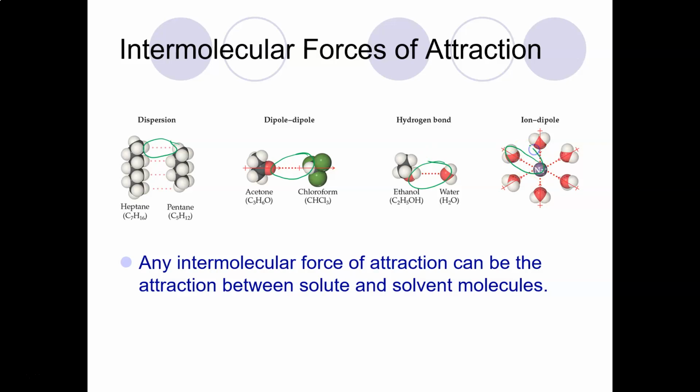They are weaker than covalent bonds and ionic bonds. When you were drawing Lewis structures in Gen Chem 1, you drew things like this. Those are solid lines. Those are the covalent bonds. Those are stronger than these intermolecular forces, which is why these are represented by dotted lines.